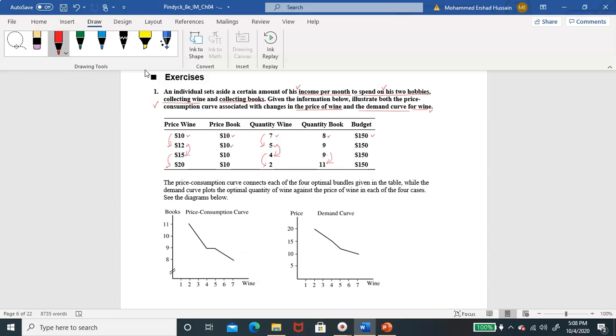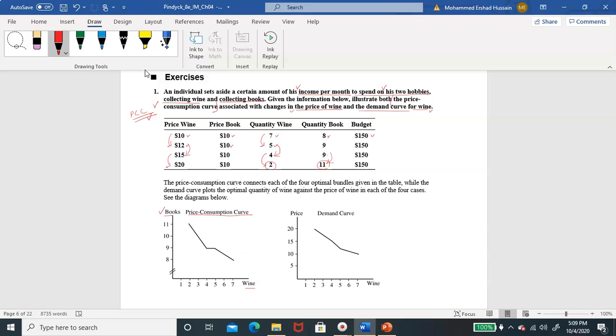So let us illustrate both the price consumption curve associated with a change in the price of wine and the demand curve for wine. Remember, the price consumption curve, PCC, tells us what they are consuming at different prices. We are measuring books on the vertical axis and wine on the horizontal axis. This bundle is 11 books and 2 wine.